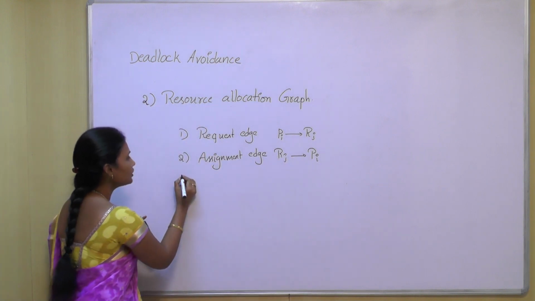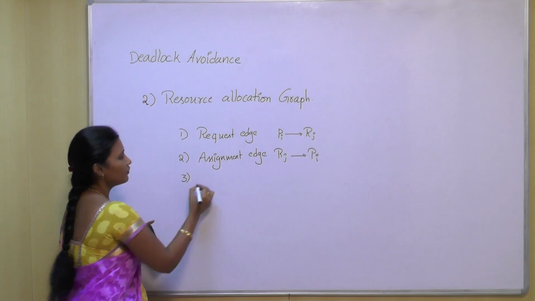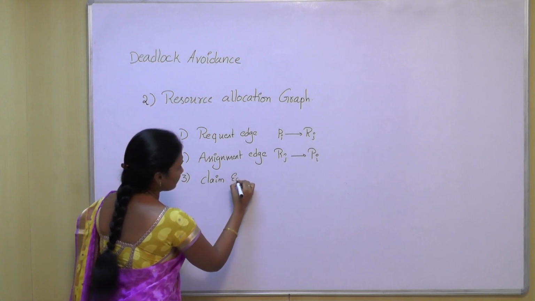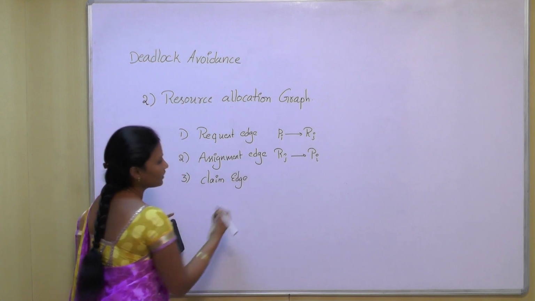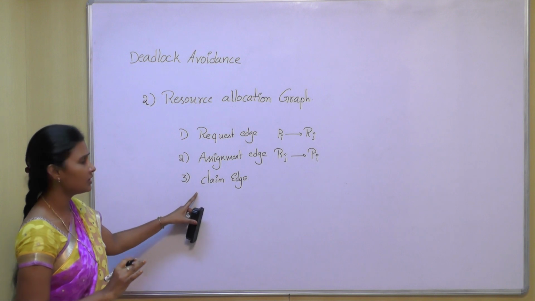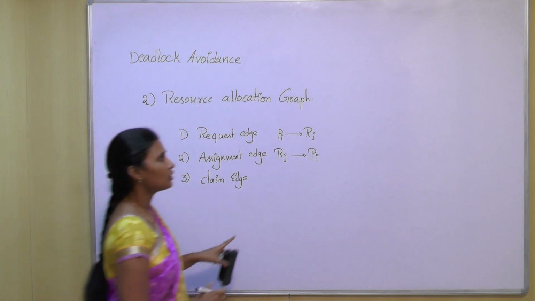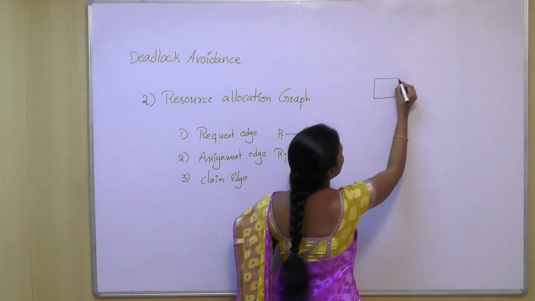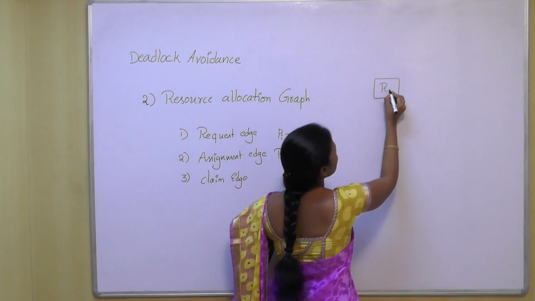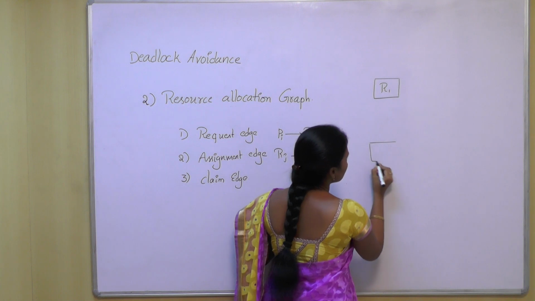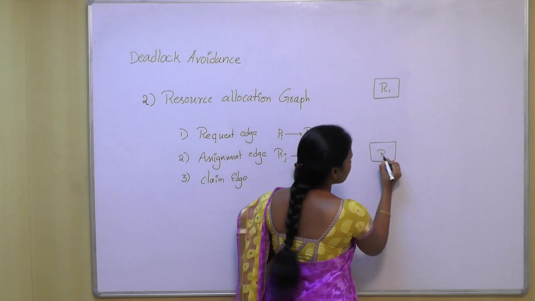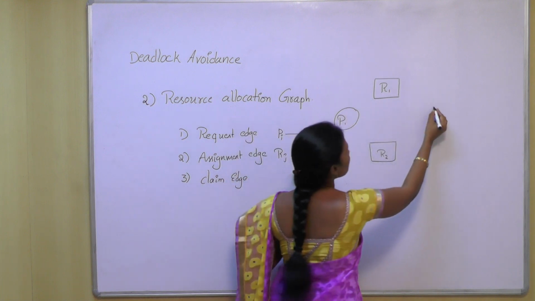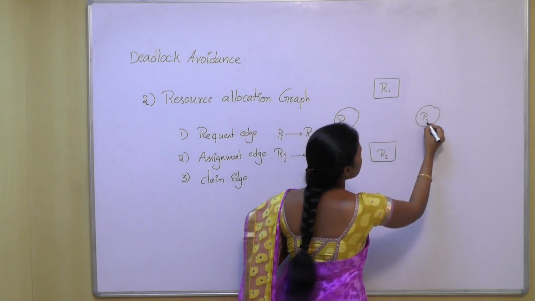Now, in addition to these two edges, we use the claim edge in the resource allocation graph. The third edge is a new edge, that is the claim edge. This is resource R1, this is resource R2, and we are using two processes, process P1 and process P2.